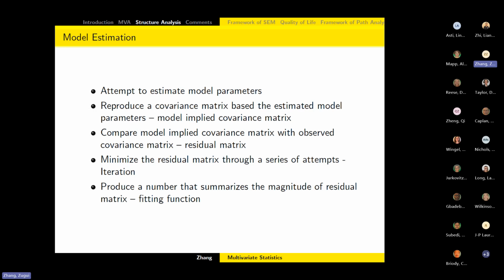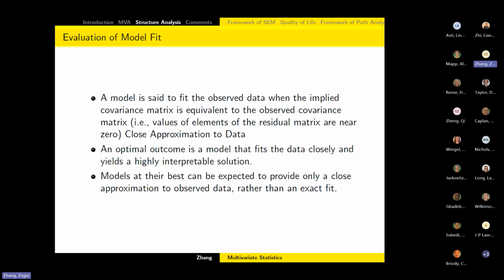And then we compare the model implied covariance matrix with the observed covariance matrix, and then we get the residual matrix. We minimize the residual matrix through a series of attempts, and then generate a number that summarizes the magnitude of the residual matrix, which is the fitting function.